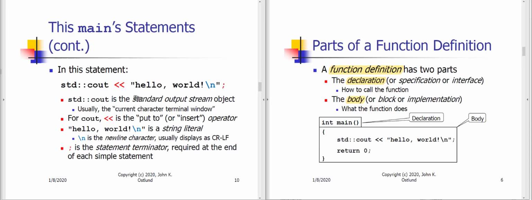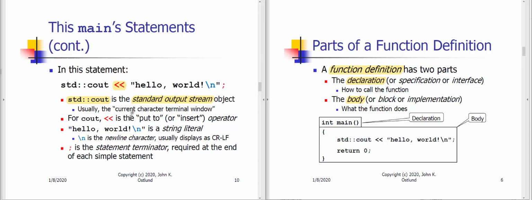Now, breaking down the output statement in more depth, the first part here, std::cout, this is what's called the standard output stream object. It is an object that is associated with your character-oriented output terminal. And when you insert or write a string of characters into that standard output stream object, those characters appear on the screen.